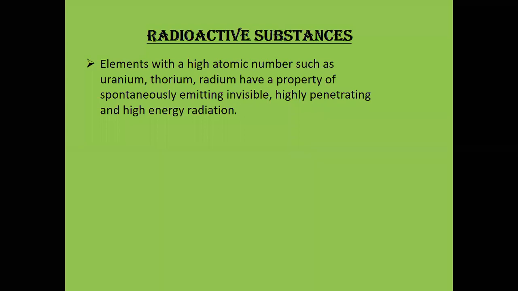What properties do they have? They spontaneously emit. What do they emit? Invisible and highly penetrating radiations, I hope you understand, which can seep in through one surface and move on to the other surface. Highly penetrating and high energy radiations. This property is termed as radioactivity.